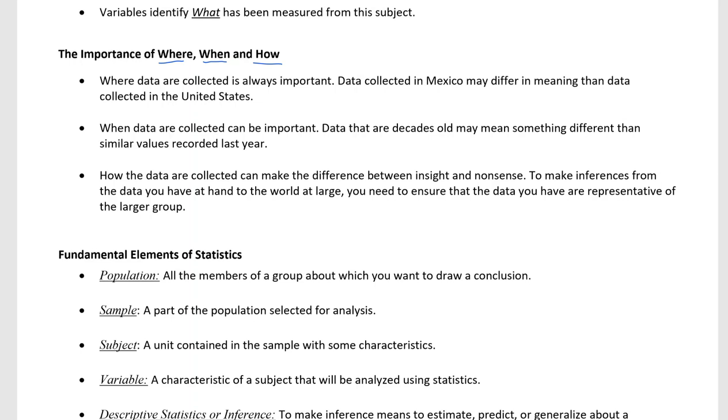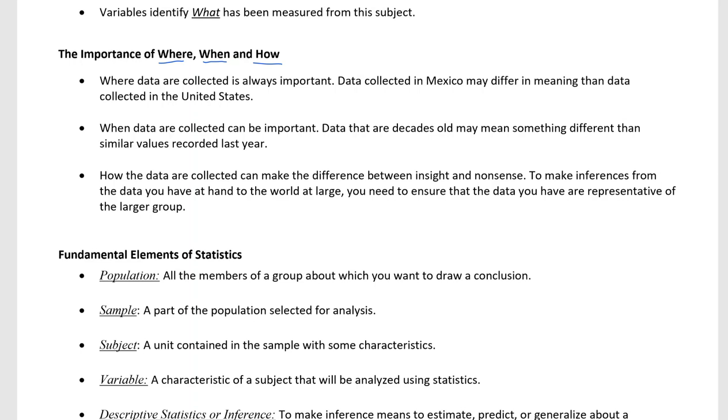Of course not, right? So we say where data are collected is always important. Data collected in Mexico may differ in meaning from the data collected in the United States. So it will affect our conclusion a lot, right?